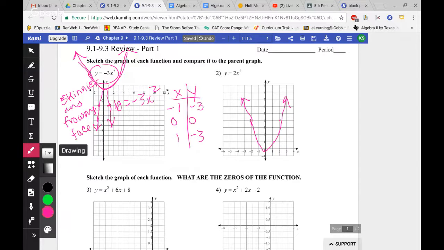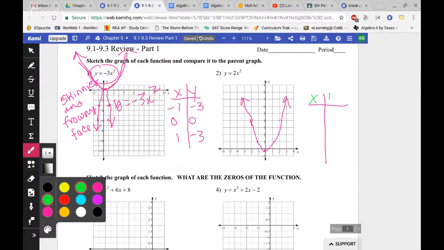And the other graph, I think I'll make it in green. It also goes through the origin because there's no shift at all up or down. And if I plug in a -1, that's going to give back a 2. And if I plug in a 1, it's going to give back a 2.